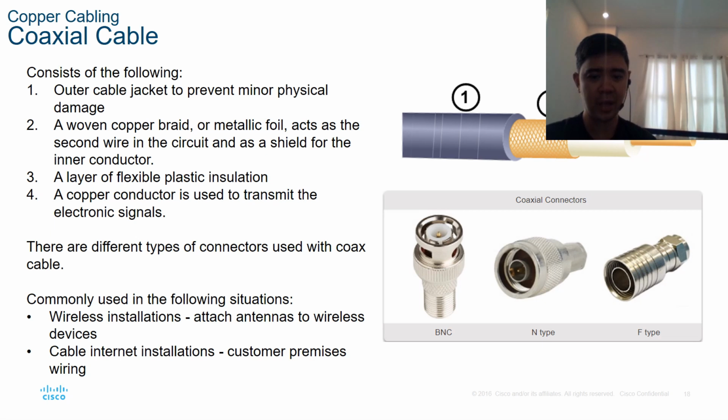From the looks of this diagram, it seems that coaxial has much better protection from EMI and RFI compared to twisted pair.